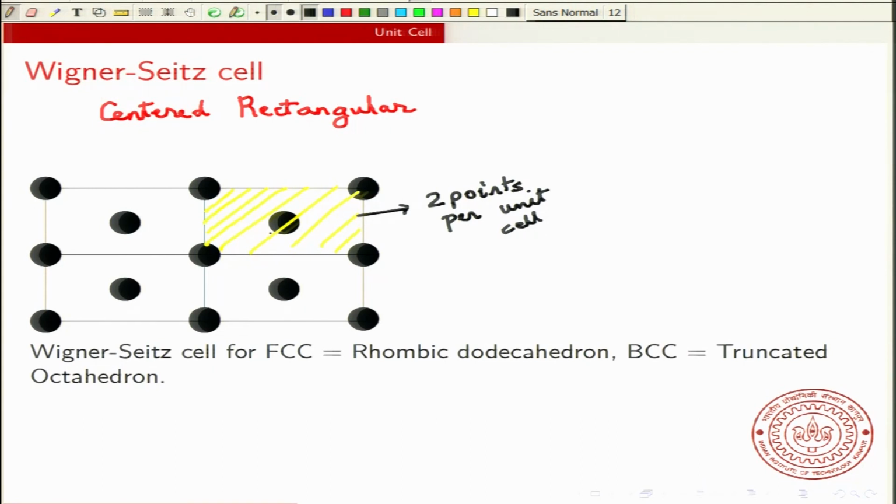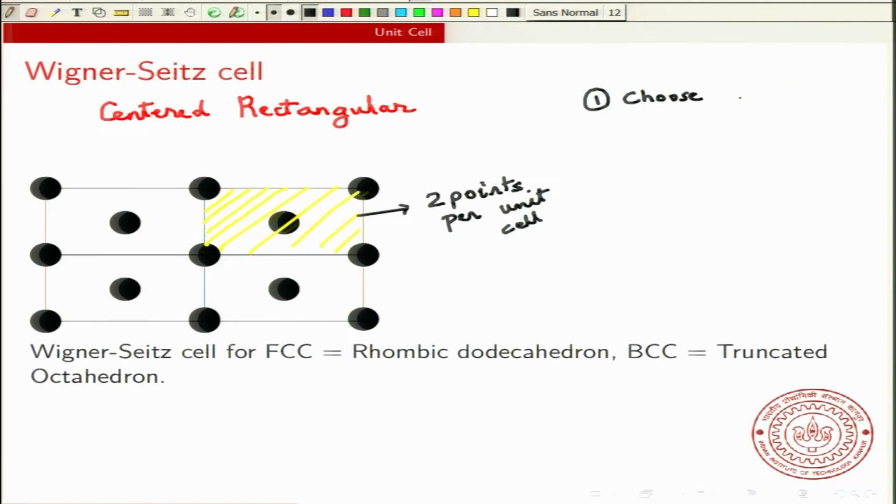So now let us construct a Wigner-Seitz cell. How will we construct a Wigner-Seitz cell? The first step is to choose a point.